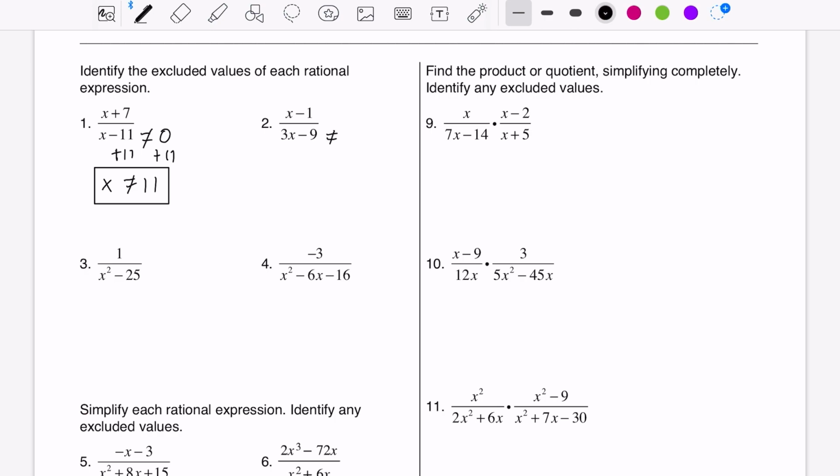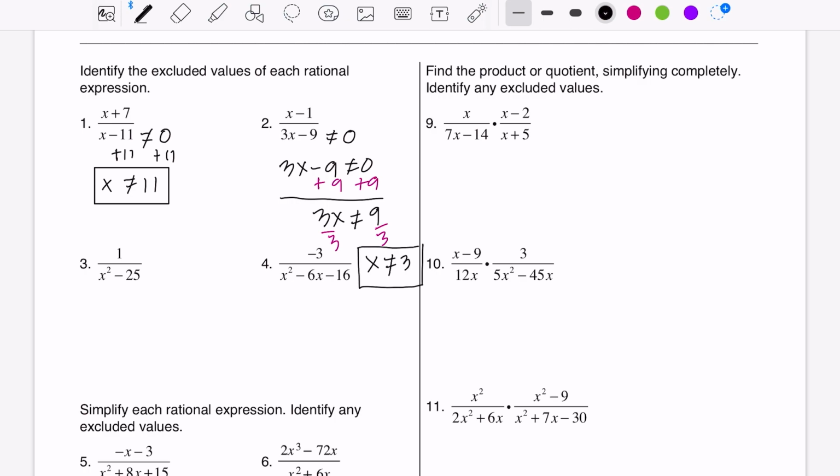It's not the whole problem, it's just the denominator. So for this one, x cannot equal 3.